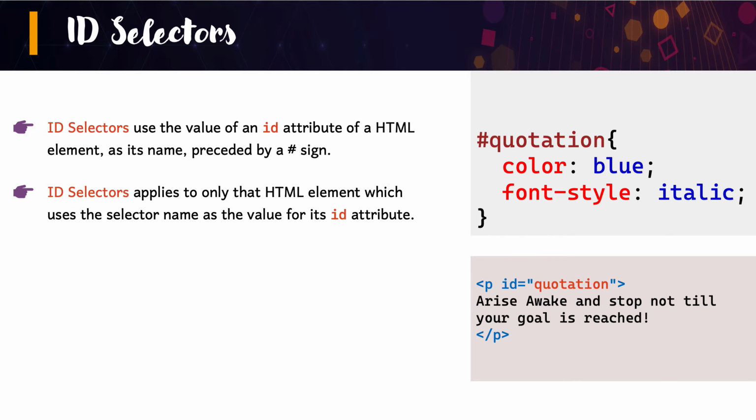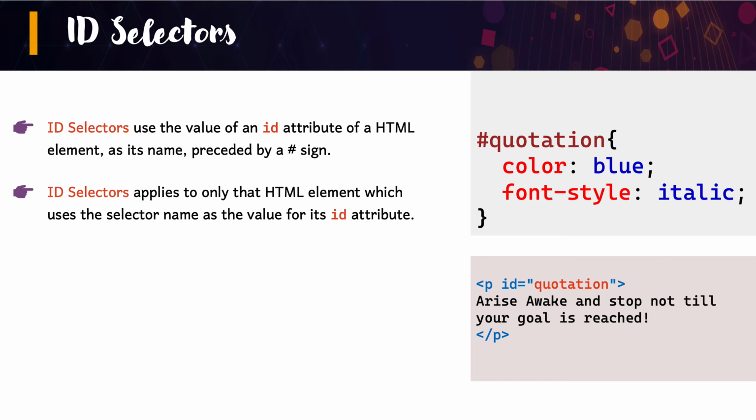So what it means is this particular style is applicable to this particular paragraph. How are we linking? Because the value of the attribute ID is the same as the selector name. That is how the link is made.